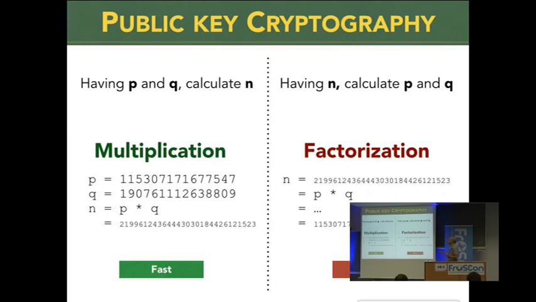In the other direction, if we have the result and want to know which two numbers were used for the multiplication, we need to factorize. And factorizing is really complex for a computer and for a human. So it is slow, and slow means that there is no known way to do it in polynomial time.